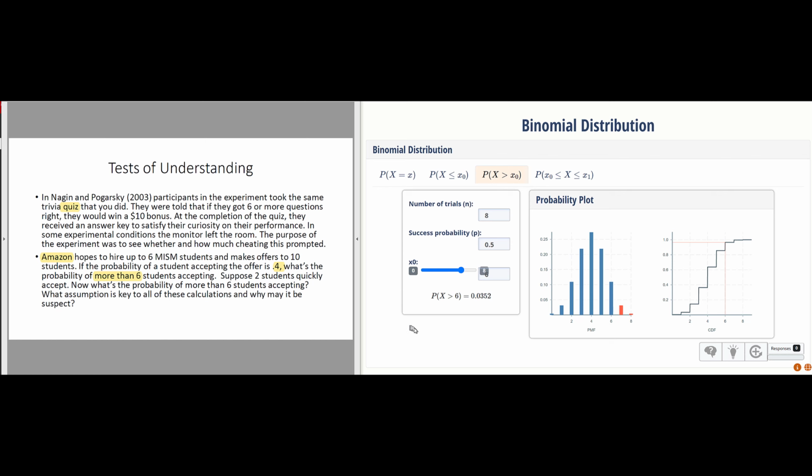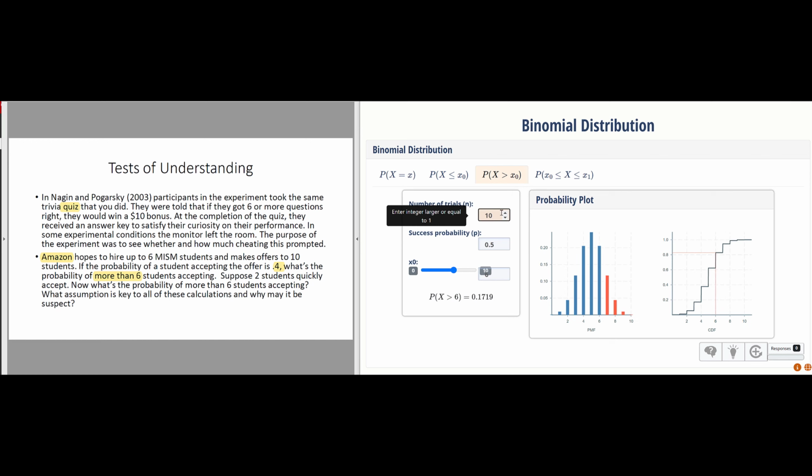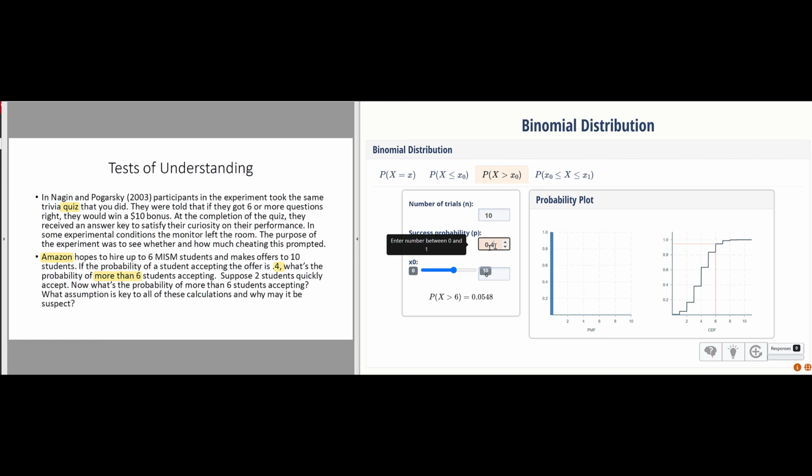Well, this is a binomial distribution because either the student will accept the offer or will not accept the offer. We have 10 students, so our number of trials is 10. The probability of a given student accepting is 0.4, and we want to know what the probability is that more than 6 students will accept.